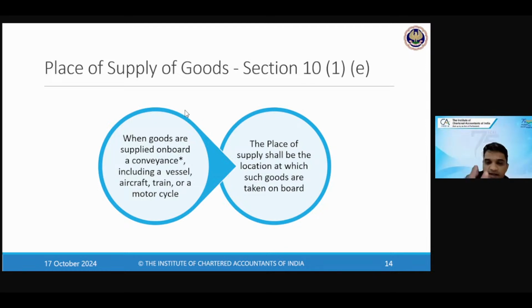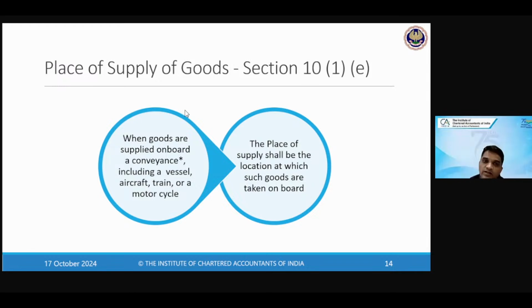The place where he boards. But that is where you are making the mistake. The person has boarded, that's fine, but who is the supplier? From the supplier's perspective, we have to see the place of supply. The place of supply shall be the location at which such goods are taken on board. Now, the caterer did not know where you would board. He loaded everything at Delhi. So the place of supply will be Delhi itself, even for a customer who is boarding in Mumbai.